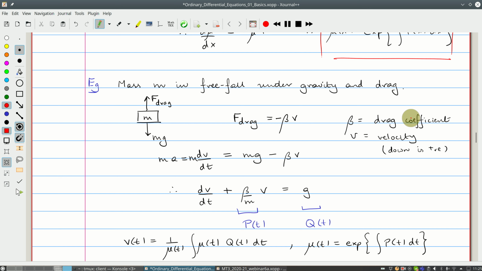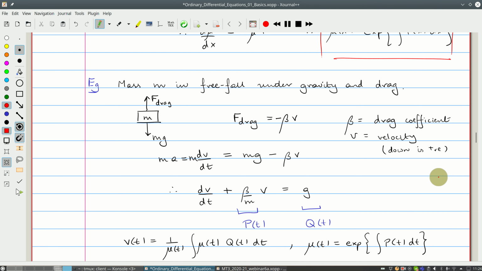Beta here is the drag coefficient. So you write down Newton's law, mass times acceleration is equal to mass times dv by dt, and that's equal to mg acting downwards plus the force acting upwards, which is minus beta times v, and this is what you've got there. Okay, rearrange this a little bit, and what you have is the derivative of the velocity with respect to time plus beta over m times the velocity is equal to g, and g is a constant, obviously.